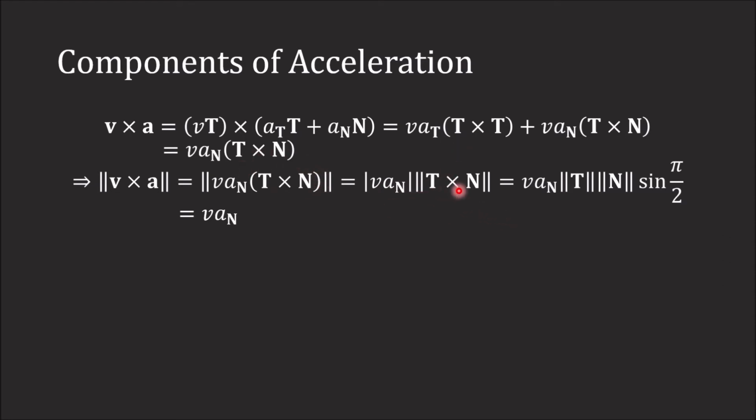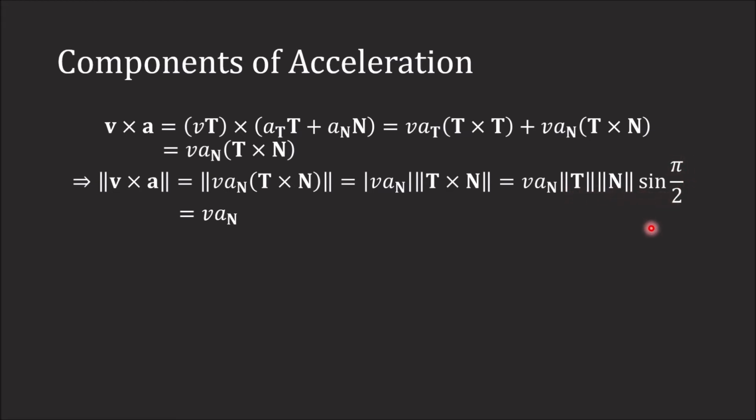But this magnitude here is given as the magnitude of T times the magnitude of N times the sine of the angle between them. And since T and N are perpendicular, that angle is pi over 2. Each of these are unit, so they each have magnitude of 1.